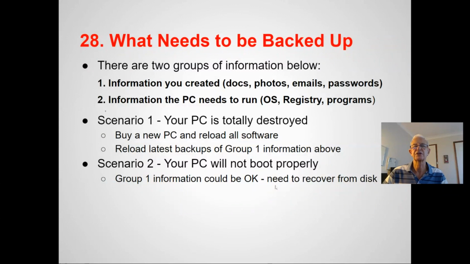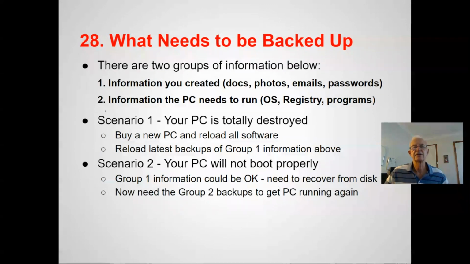The fact that the machine won't run is because something has gone wrong with the Windows software, not that your data has disappeared off the disk. It's quite likely that if you took the disk out of that machine and connected it to another machine, all of your data is perfectly okay. But unfortunately, the machine won't run. So now you need the backups of group two, the information that allows the PC to run properly.